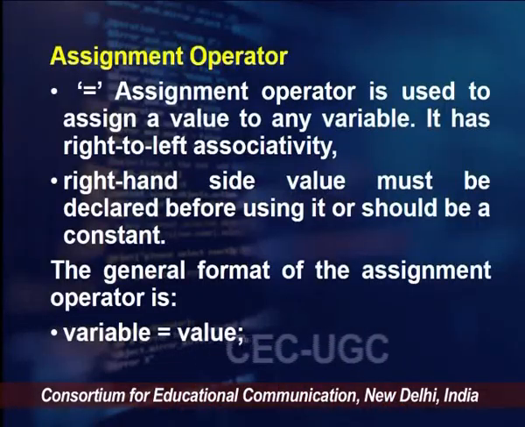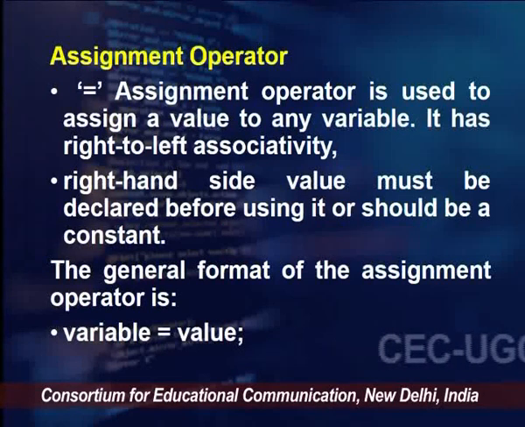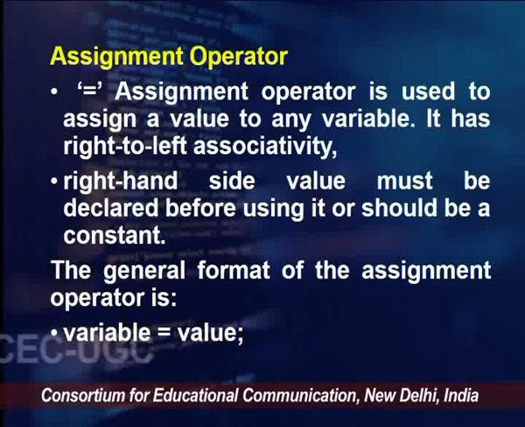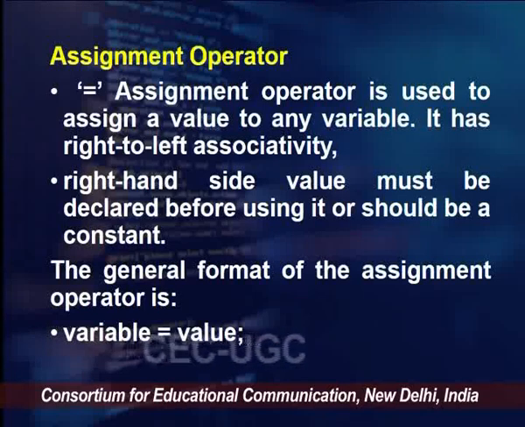Coming to the next, which is the assignment operator, you all are aware that it's used to assign a value to any variable, and the associativity is right to left.